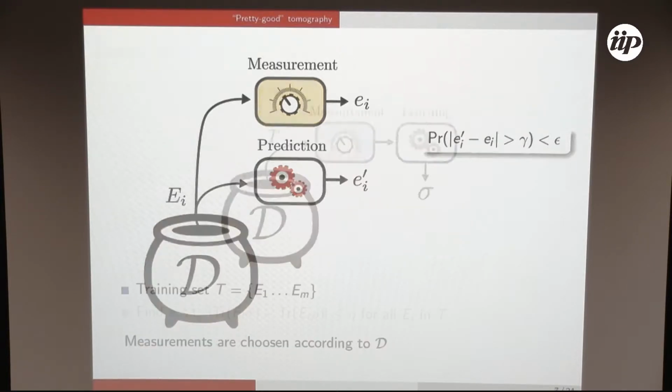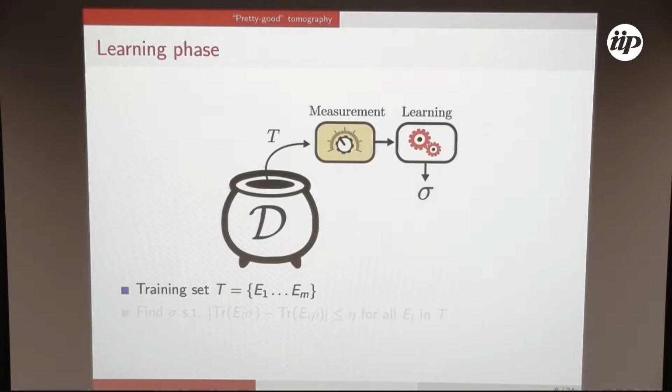So how does the scheme work? First, we choose a set of m different measurements, which we call the training set, randomly from the distribution D, and we perform these measurements on the system.